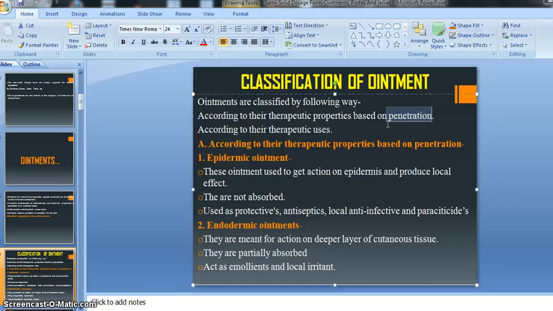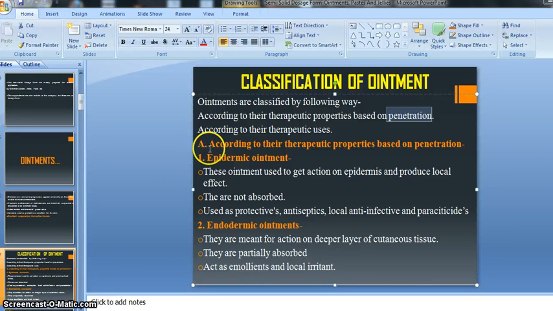For now, just understand that penetration simply means absorption, the passing of medicine through the skin layer. On the basis of their therapeutic property based on penetration as well as their therapeutic uses, in this way our ointments are classified, right?